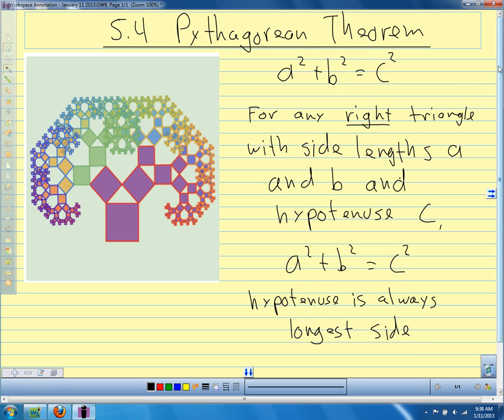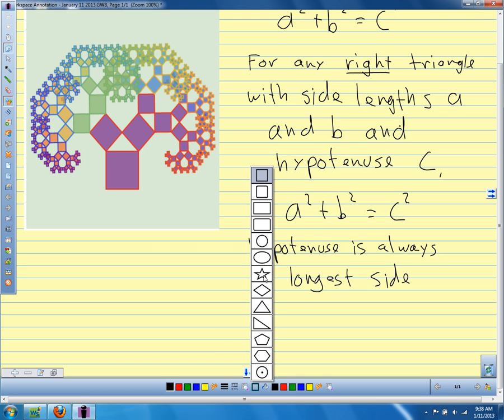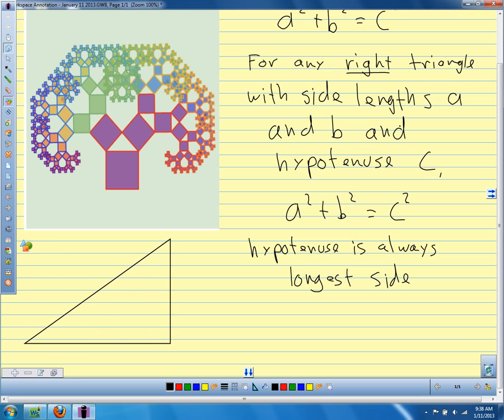So I'll draw our picture, and we'll label it here. So let's grab a triangle. There's my 90-degree angle. We'll call that side C. It's the longest side. The A and the B sides, it doesn't matter which one is A and which one is B. We can switch those around however we want.